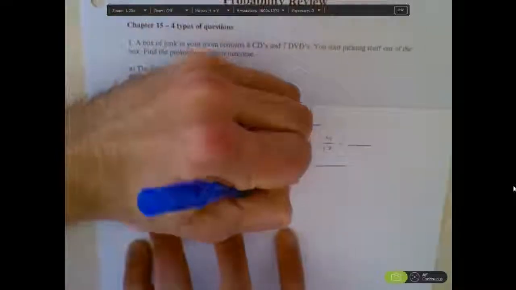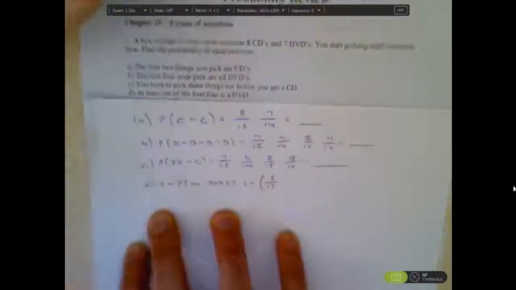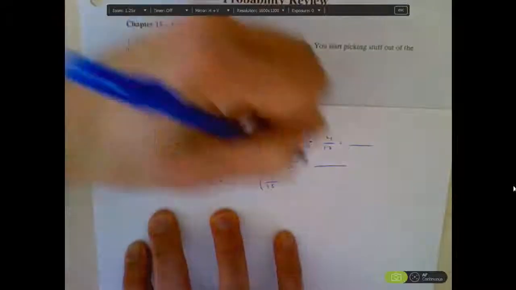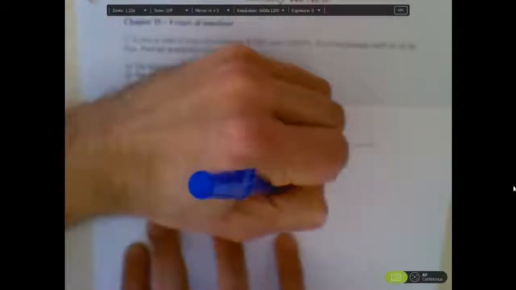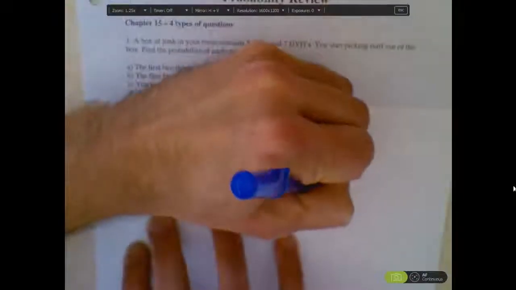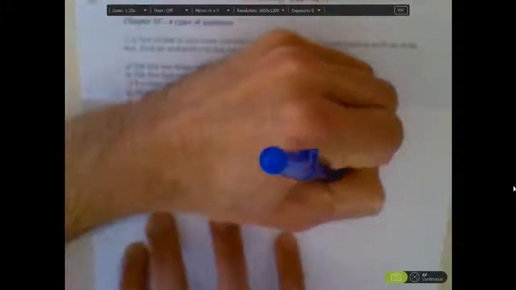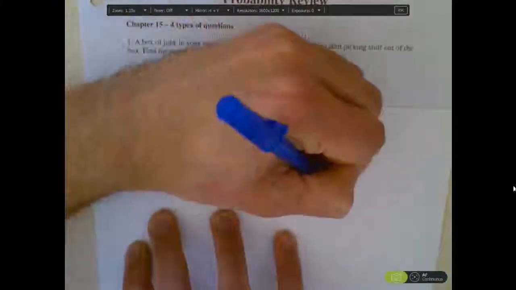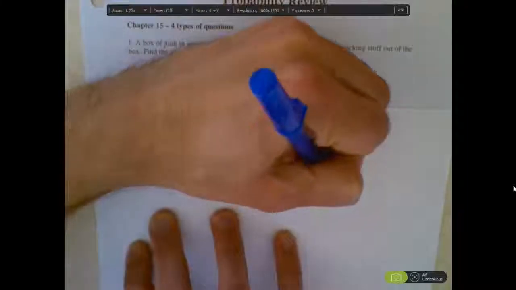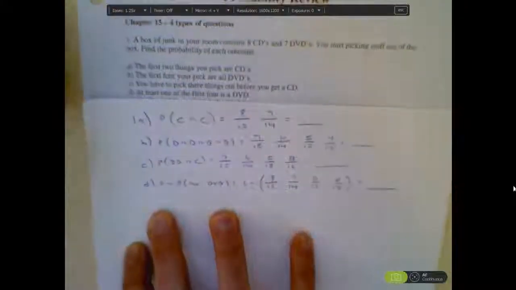So there's 7 that are DVDs, so there's 8 that are not, times 7 out of 14, 6 out of 13, 5 out of 12. Basically, here it's like picking a CD, a CD, a CD, and a CD. Plug that in your calculator and get your answer.